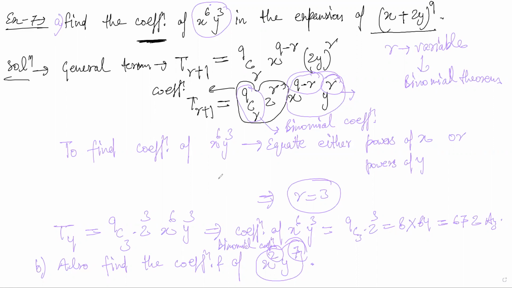Now when r is 7, what's the term that we are finding out? The term is 8th, right? T8. If you put r = 7, the term would be the 8th. So you are actually finding out the 8th term. Now try to find this term and tell me the binomial coefficient as well as the coefficient.